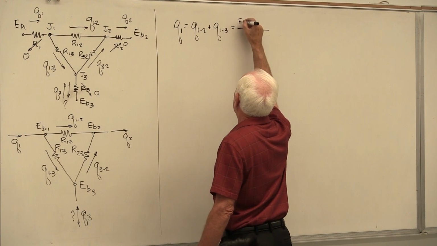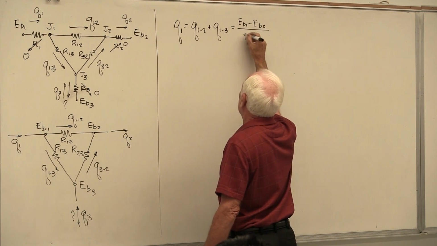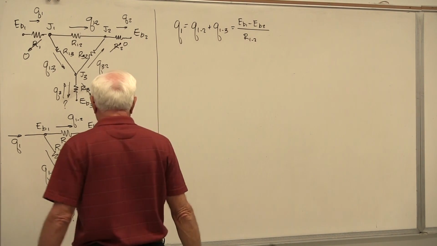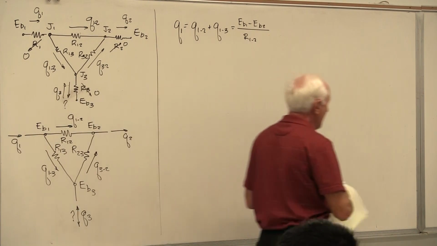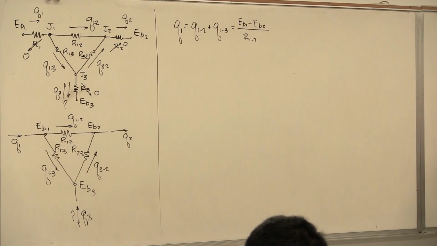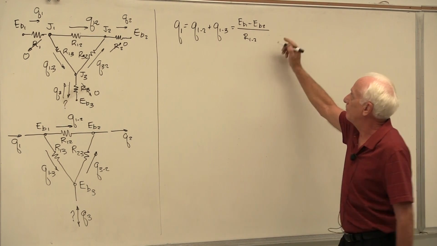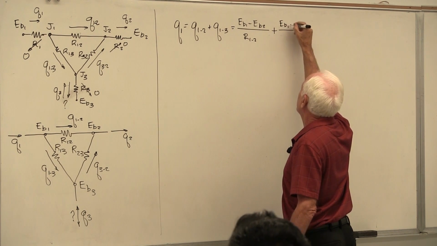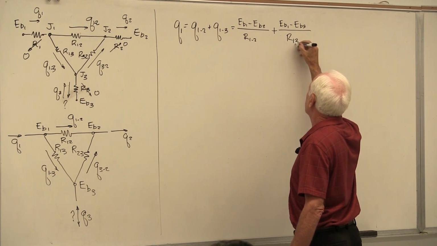Q12 is EB1 minus EB2 divided by R12. Now I need the R's. I'm stuck here until I find them. Plus EB1 minus EB3 divided by R13.